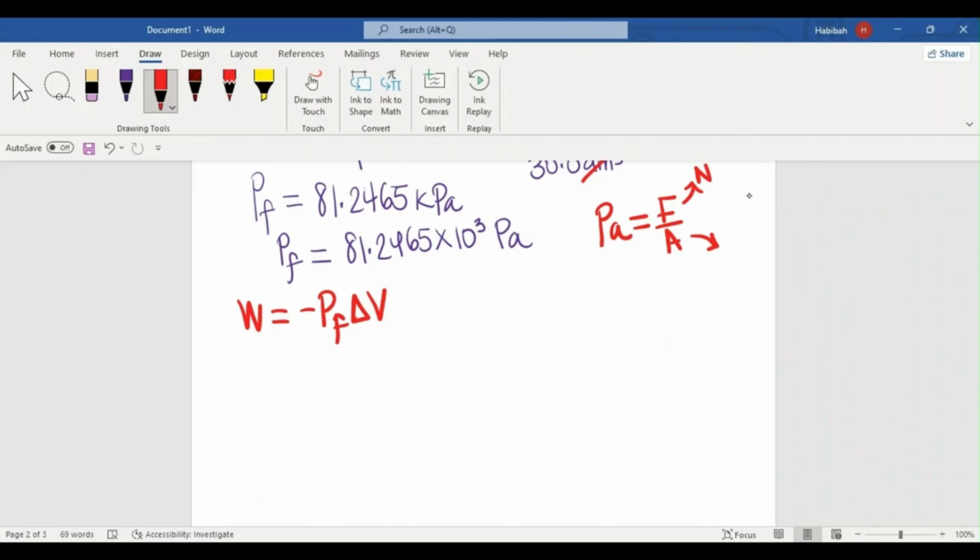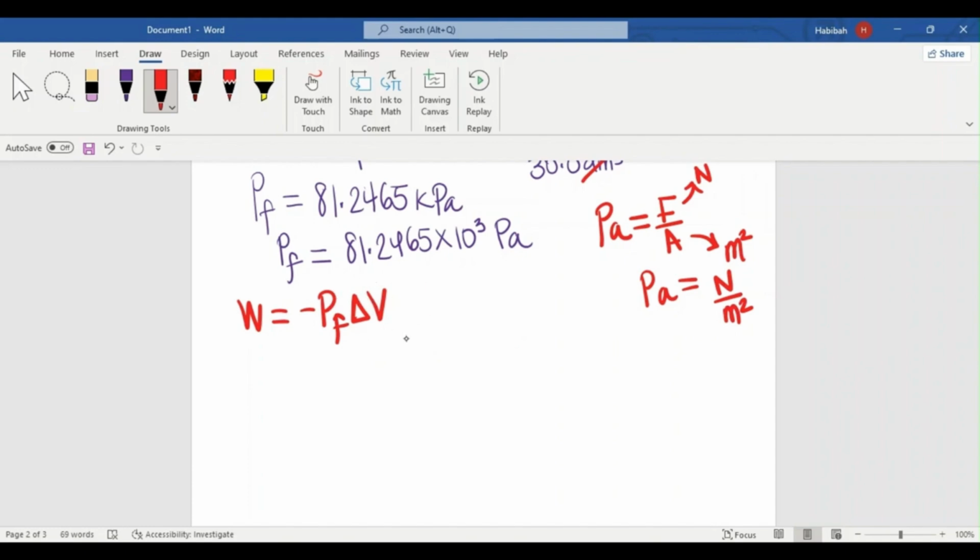The SI unit for area is meters squared, and the SI unit for force is Newton. So really, Pascal is the same thing as Newton per meter squared. That's another way to denote Pascal. I wanted to put that information down first because we're going to be using that.